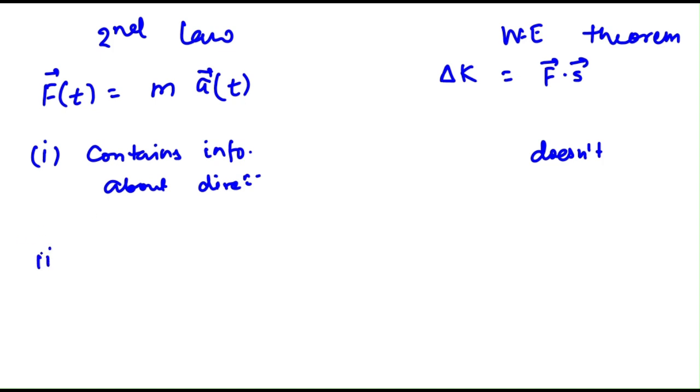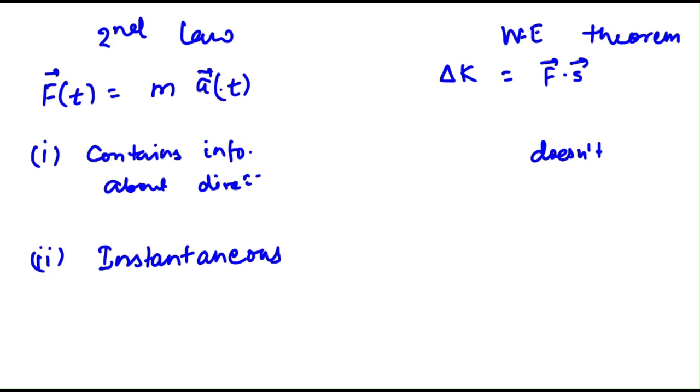Now, the second thing you can see here, Newton's second law of motion deals at an instant of time. So this is an instantaneous thing. We are dealing with it at a particular instant of time.